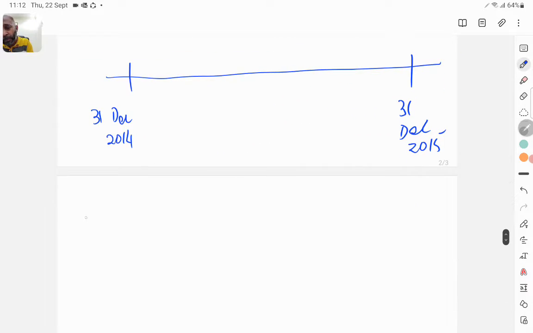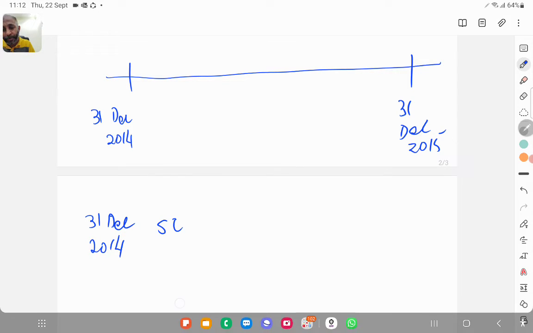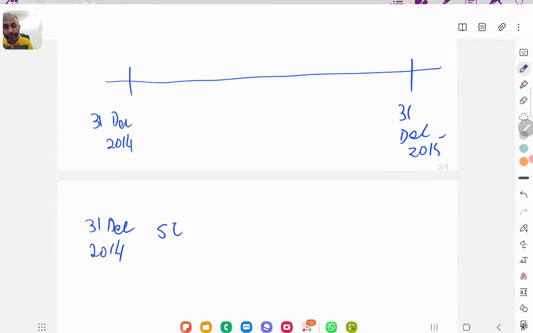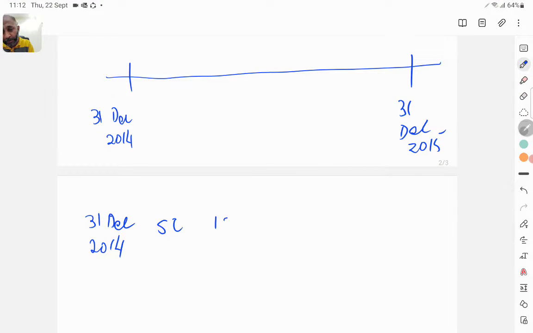Now on 31st December 2014, my share capital is $125,000, and they said that the par value of 1 share is 25 cents.